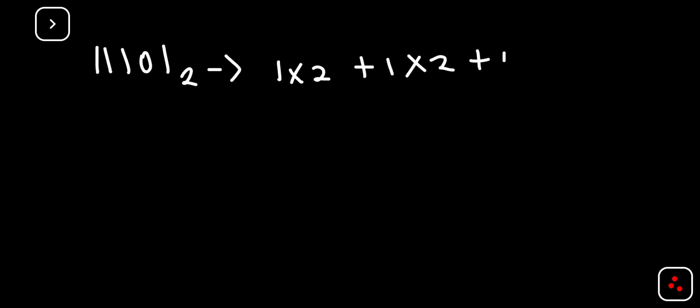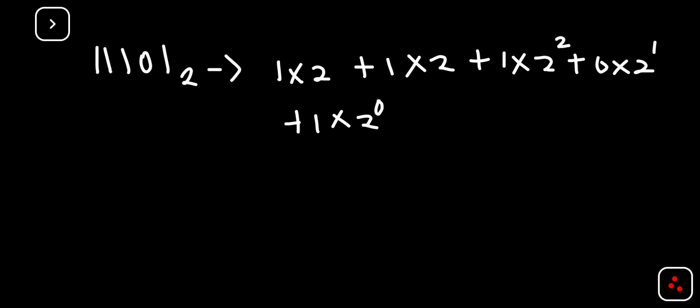Now let's confirm. So we have 1, 1, 1, 0, 1, base 2. Let's quickly convert it to base 10 and see if we get 29. We have 1 times 2 plus 1 times 2 plus 1 times 2 plus 0 times 2 plus 1 times 2. And the index value is 0, 1, 2, 3, and this is 4.